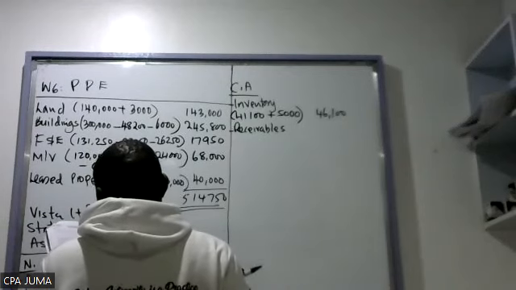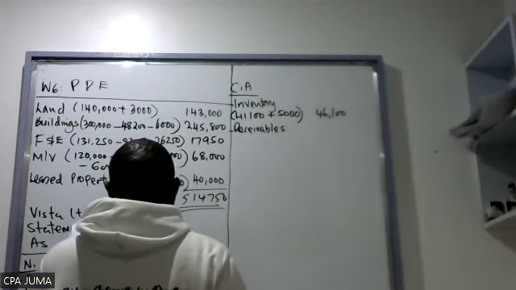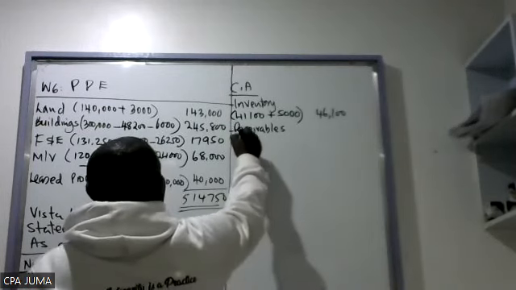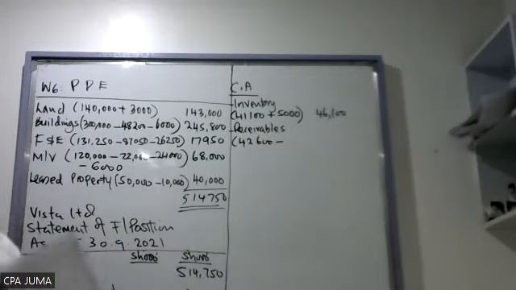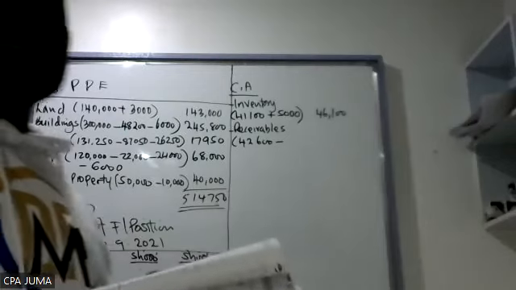Where? Trade receivables. 42,600. Minus, check note number 4. Check note 4.